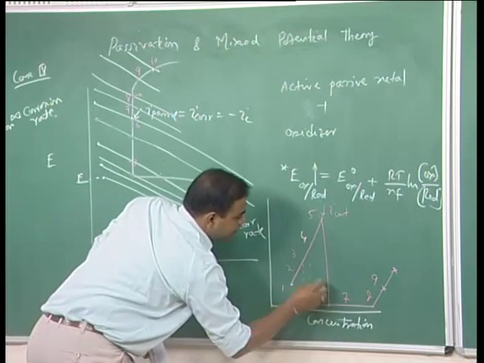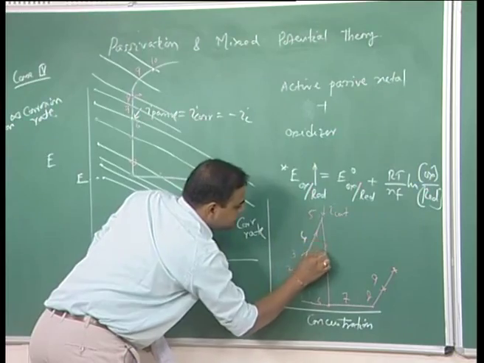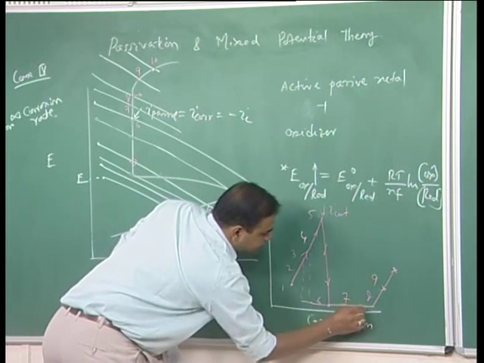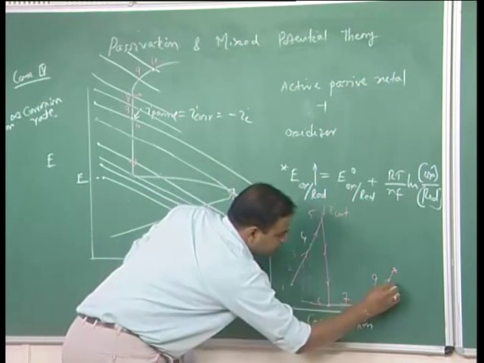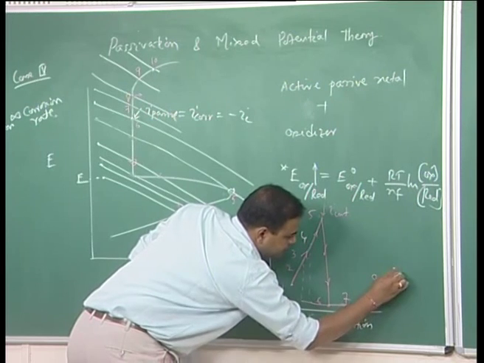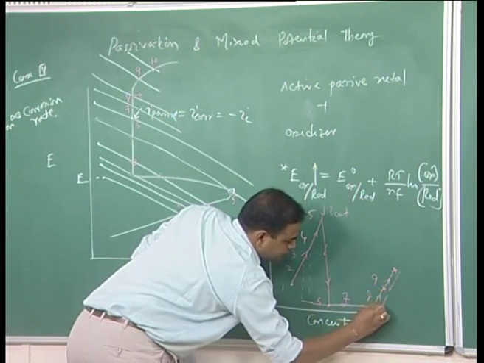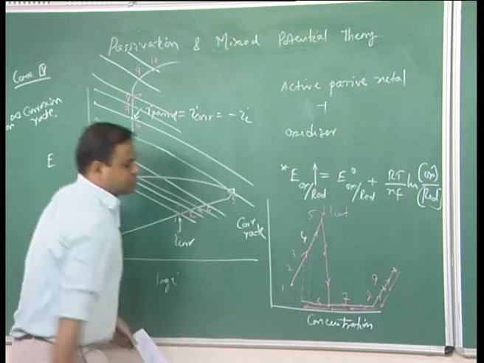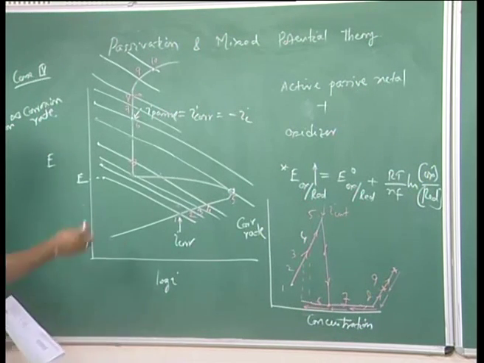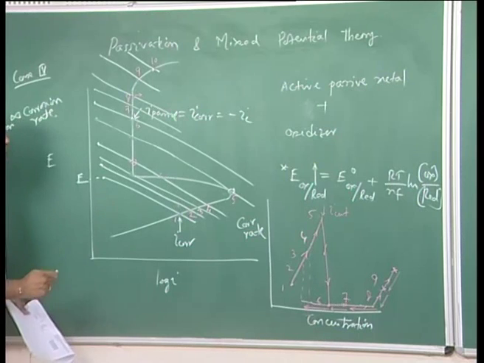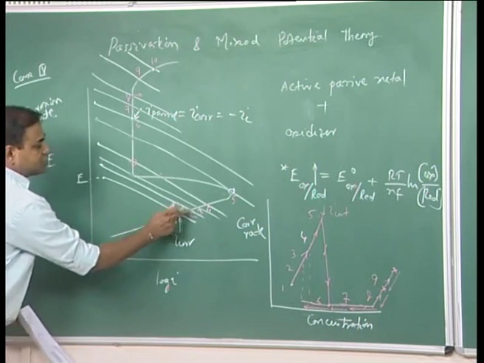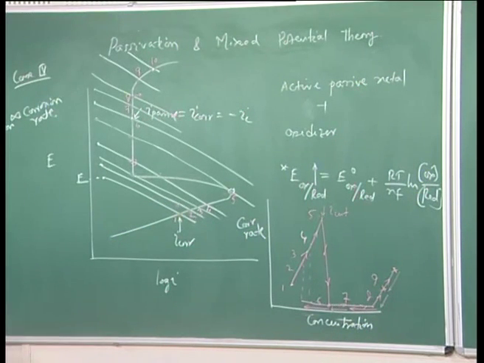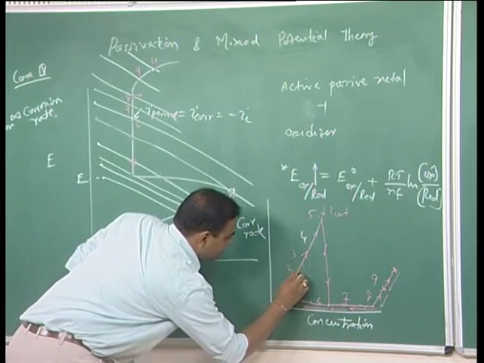My corrosion current while going is following this track. While coming, it is following this track. Now, once we come to this level, we see that we only have the active zone. In that case the passive layer will break and it will get back to this point.